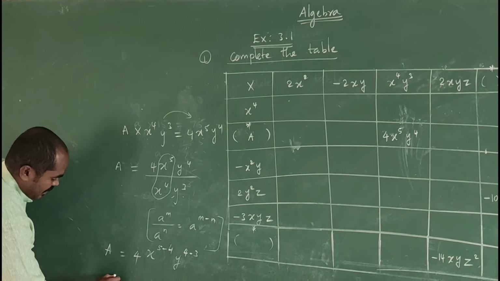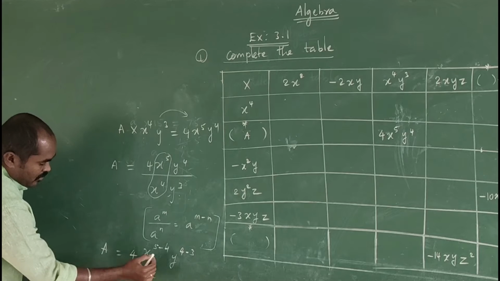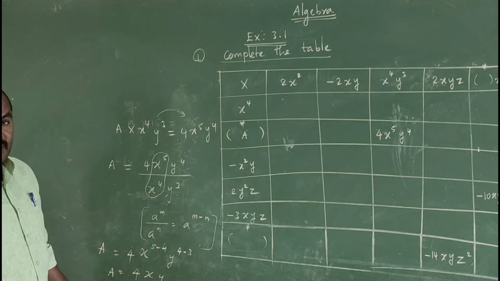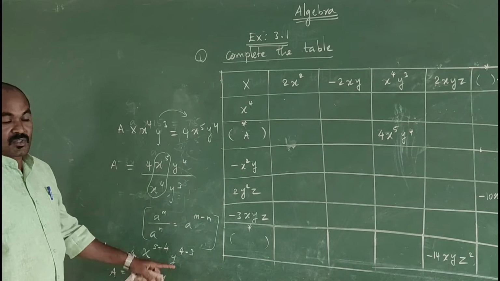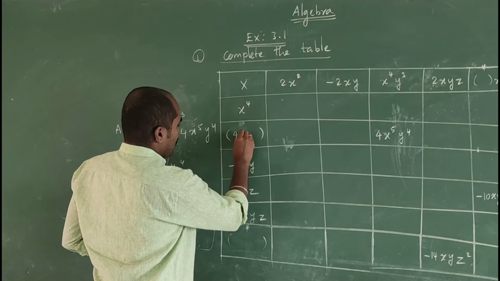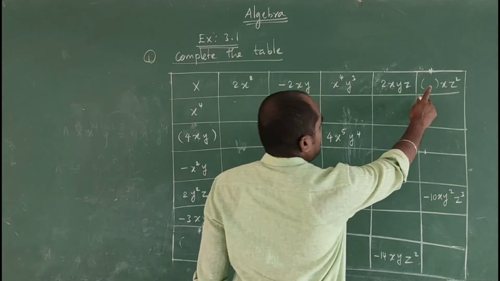So finally we get a is equal to 4x power 1 y power 1. So first missing term is 4xy. So right here 4xy.